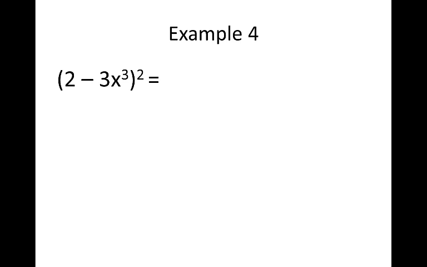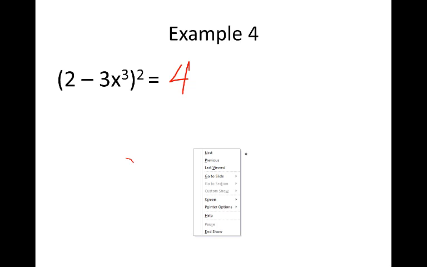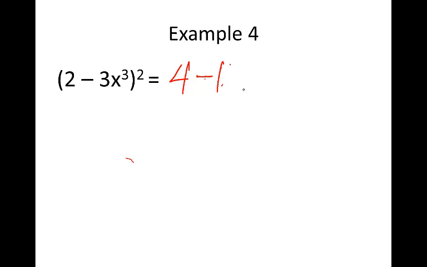So if we're going to apply that on this, let's see if we can do it. So square the first term. It's 4. The product of these two, 2 times negative 3 is negative 6x cubed, doubled, would be negative 12x cubed. And then square the last term. So it'd be positive, because when I square negative, it becomes positive. So 3 squared is 9.